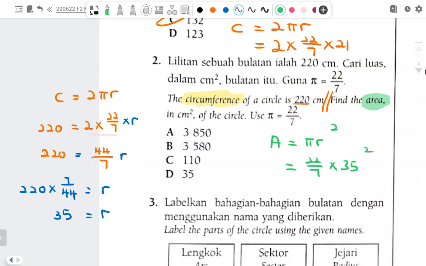So key calculator again, straight away you will get the answer. Or you can key in 22 over 7 times 35 times 35.